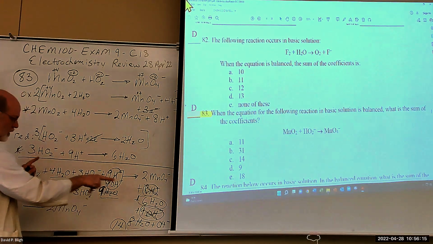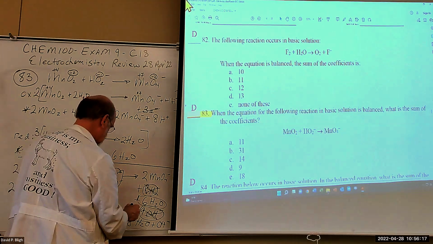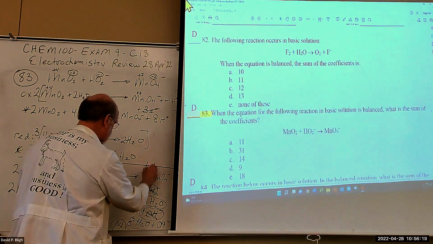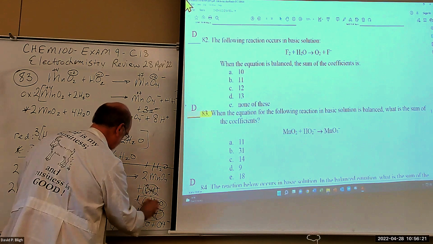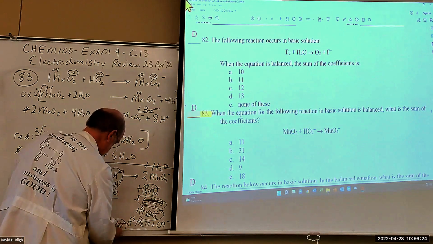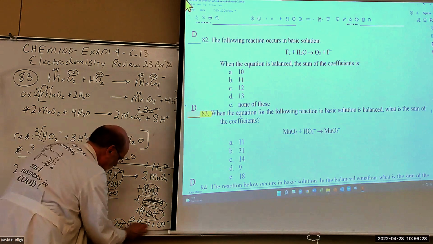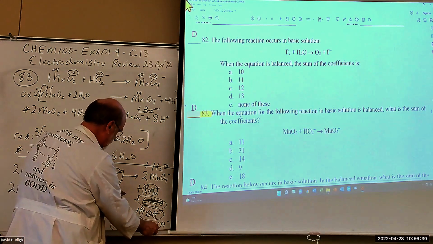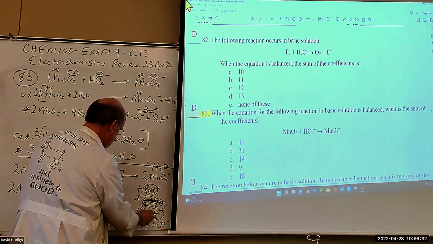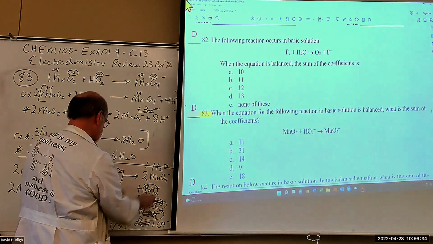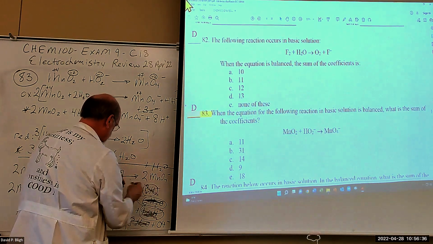So we've got 1 water on this side. It leaves us with a hydroxyl, a water, and a permanganate.